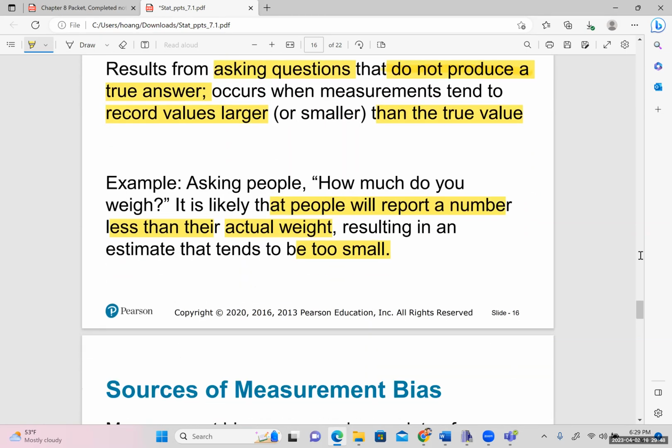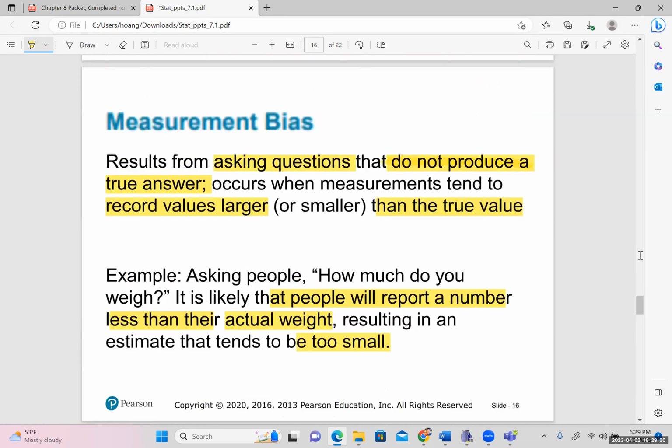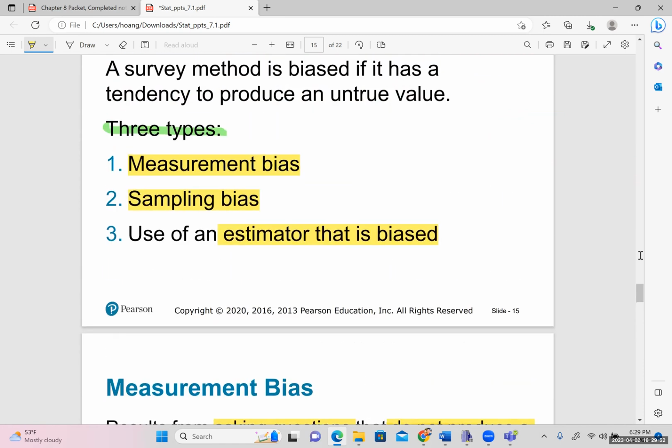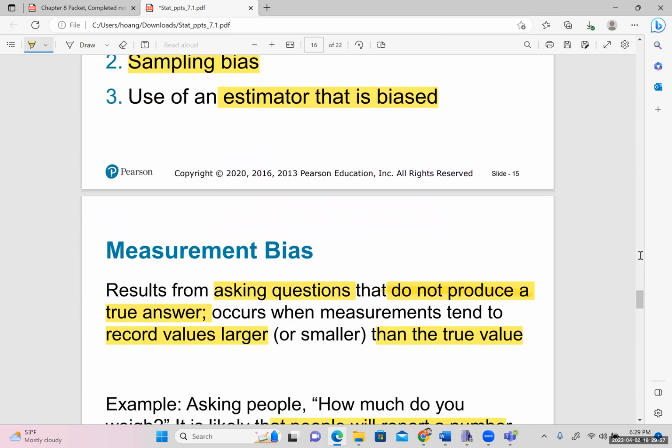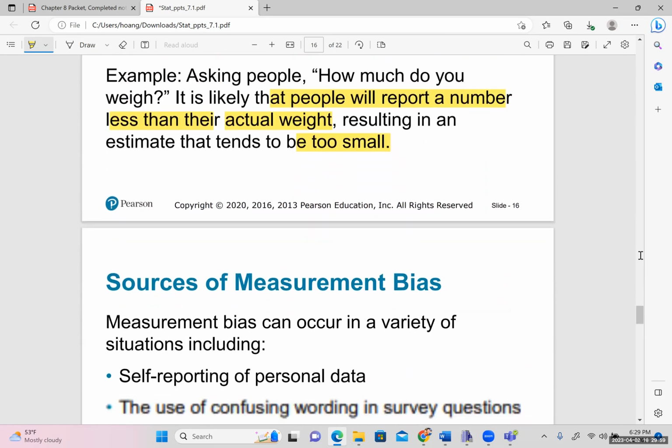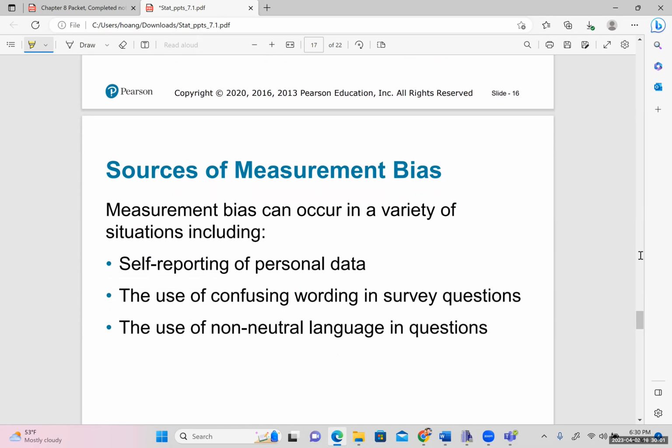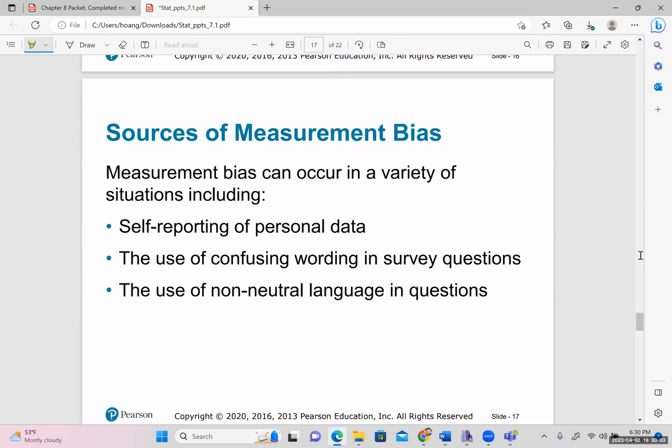All right. So that is the measurement bias, right? Some sources of measurement bias can occur in a variety of situations, including self-reporting of personal data, right?